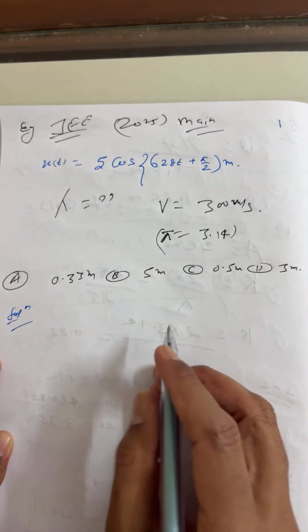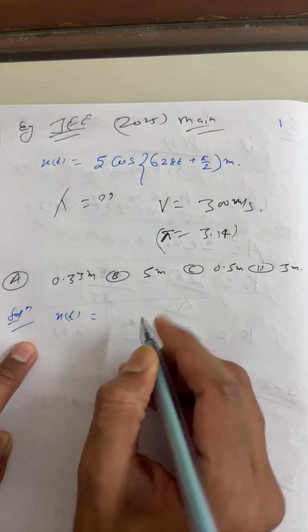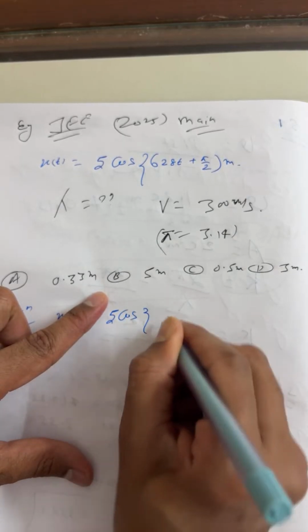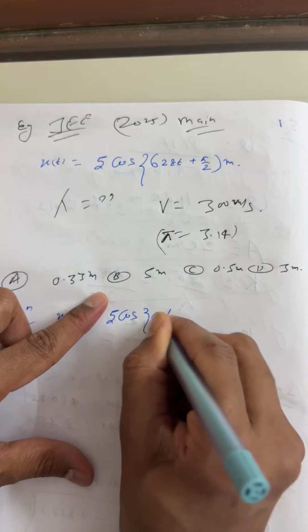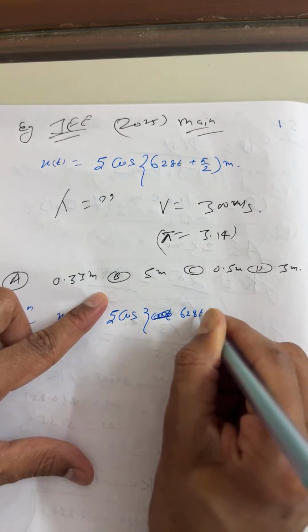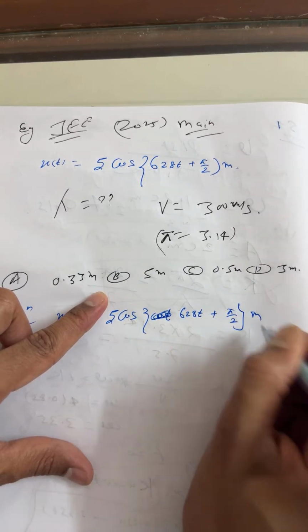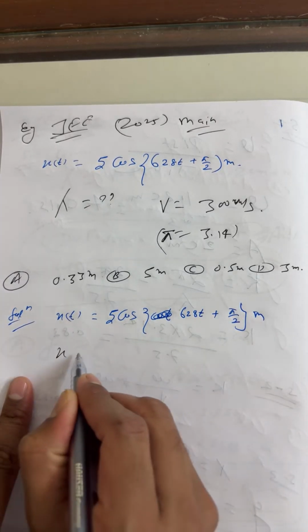But you can quickly see this: x as a function of time t is 5 cos of 628 t plus pi by 2 meter. So what I know is, just equate this equation.